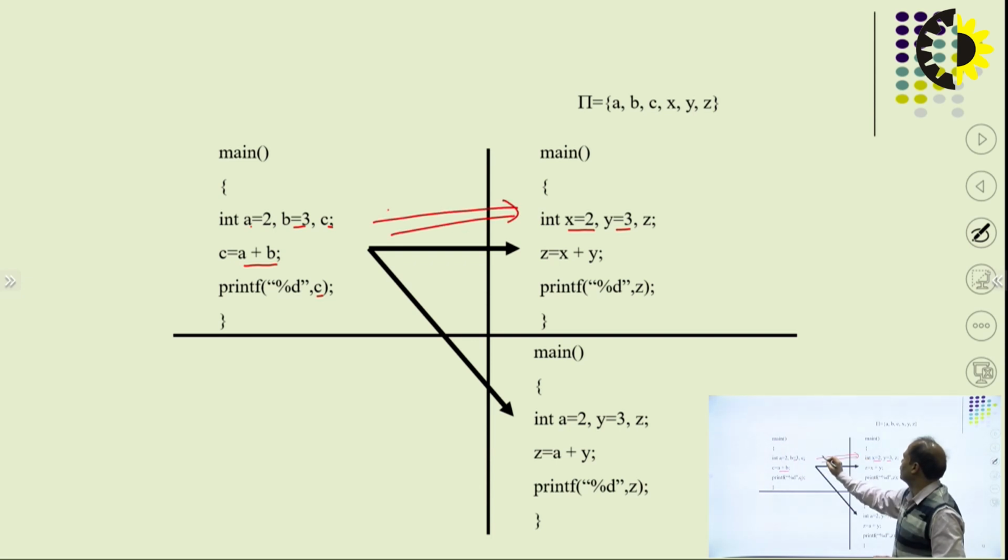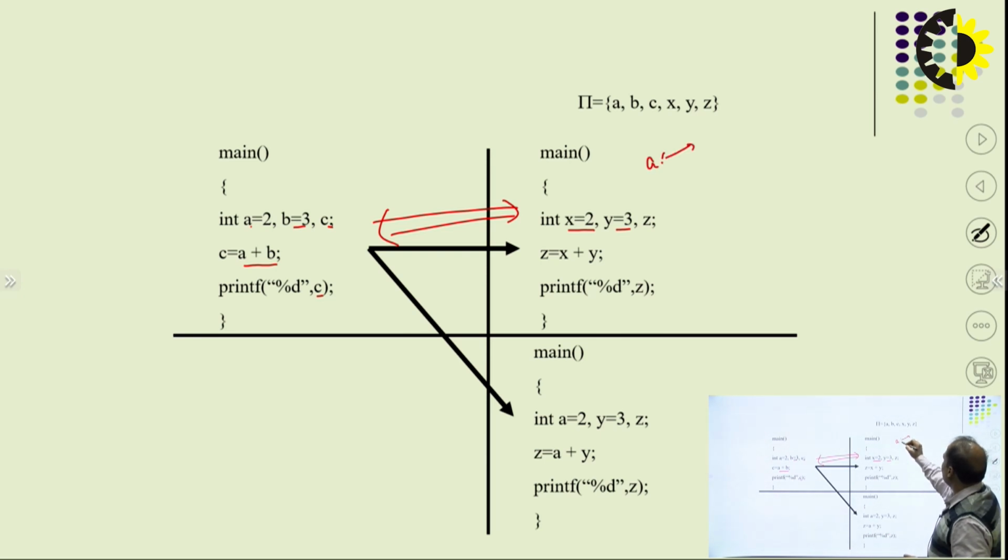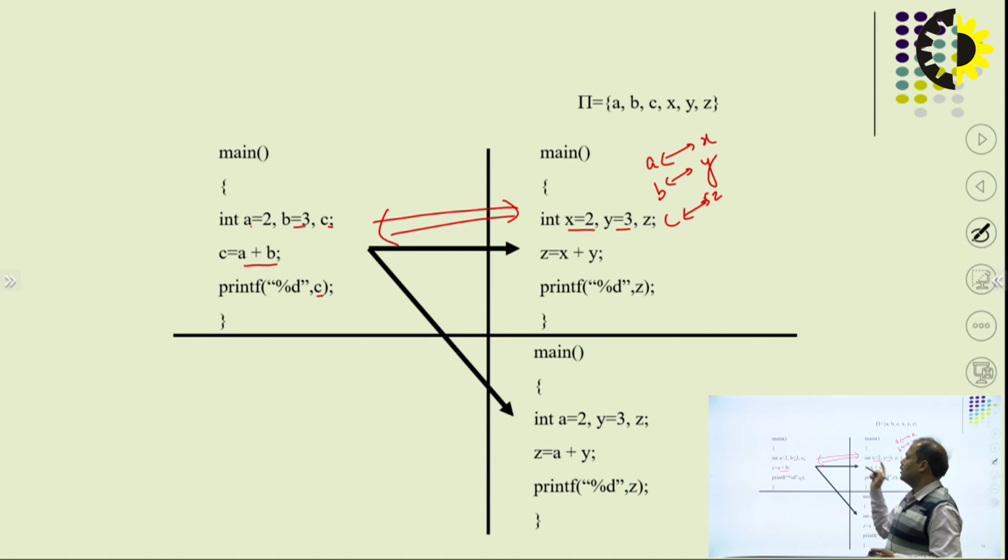There is no difference, only because A was mapped to X, B was mapped to Y, and C was mapped to Z. That means these two codes remain the same.